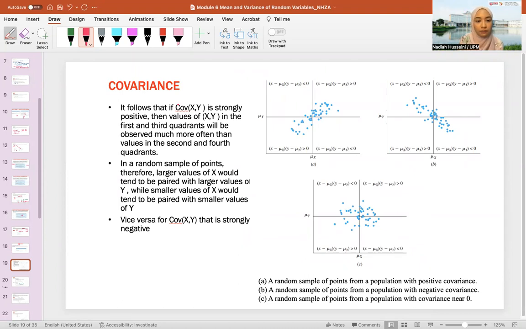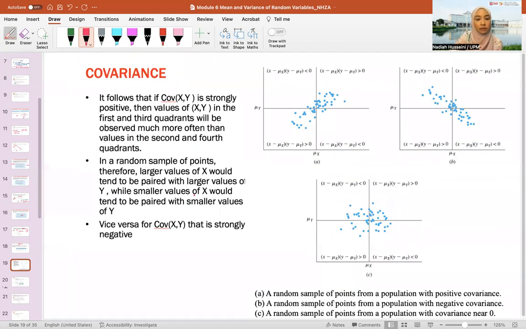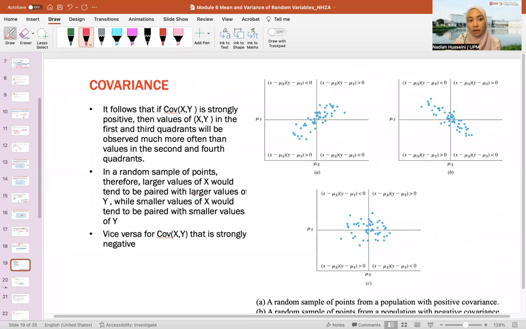So what does covariance tell us? It follows that if covariance is strongly positive, then values of x and y in the first and third quadrants will be observed much more often than the values in the second and fourth quadrants. I want everyone to focus on this one because graphs are a popular question, hint.